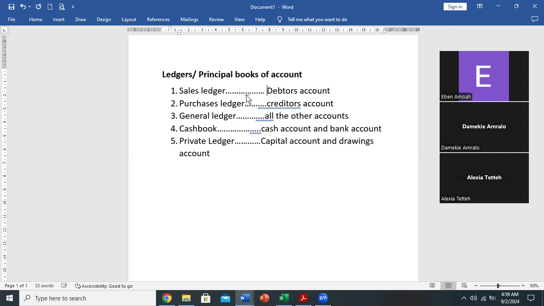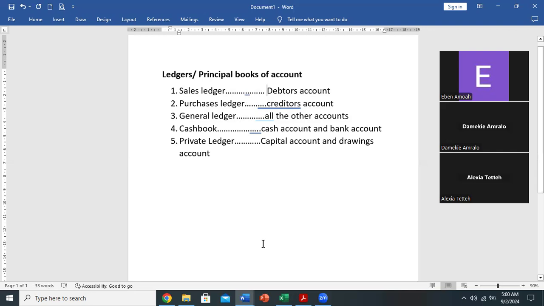Imagine if a company has about 100 debtors, then each of them would have their account in this sales ledger. So if somebody comes to your business and is asking for your debtors, and you give him or her the sales ledger, you can imagine the time he or she would have to take to go through the 100 debtors, right? But if you have summarized them into one account, the person can just make reference to that one account and probably pick out, maybe the person is looking for your total debtors figure, right?